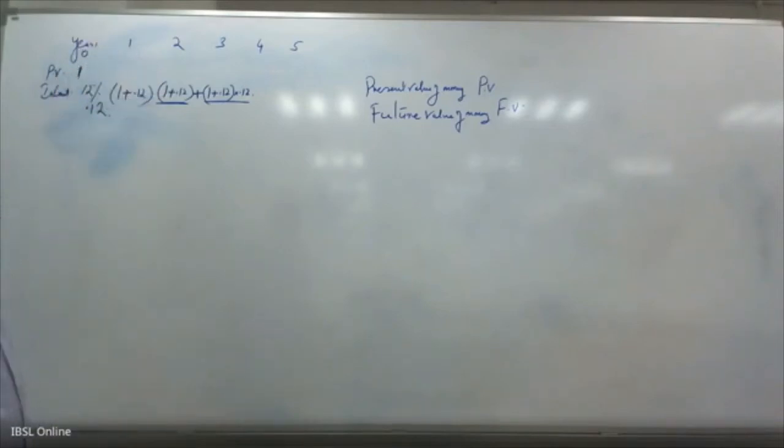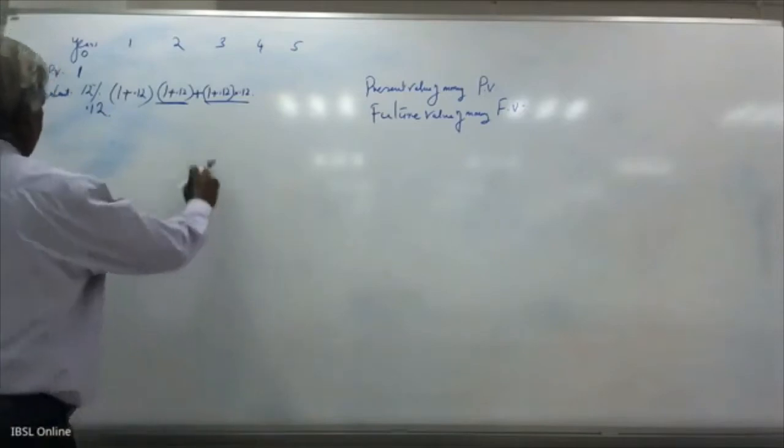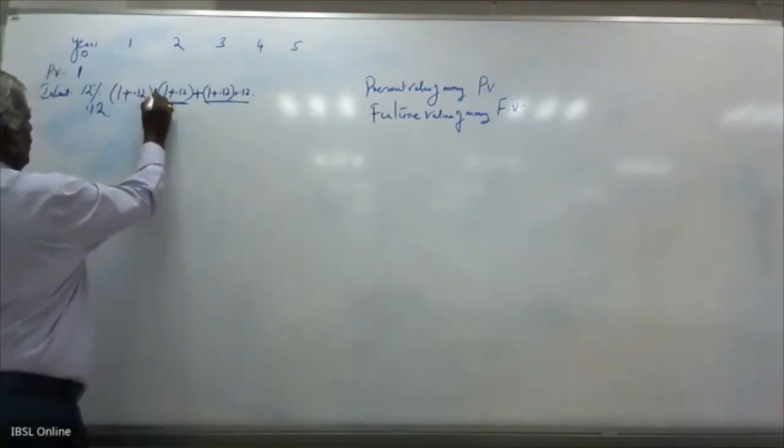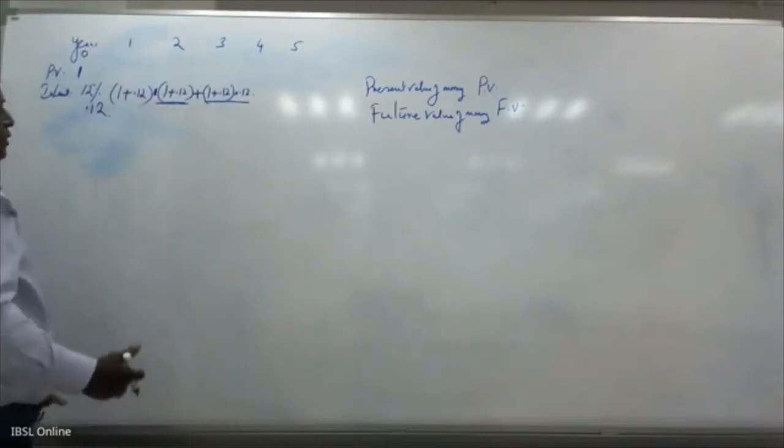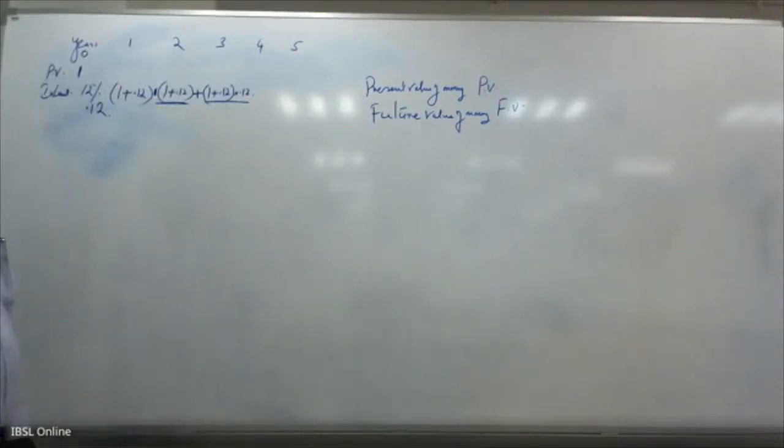Right. Now, if you put just 1 here, it won't make any change. It is the same. Maybe in your 6th standard you would have studied in mathematics, algebra, factorization.